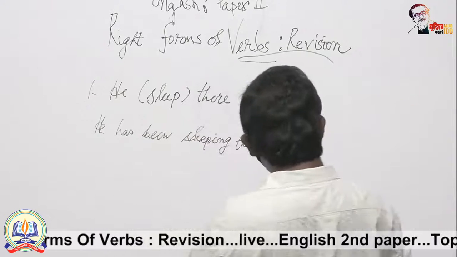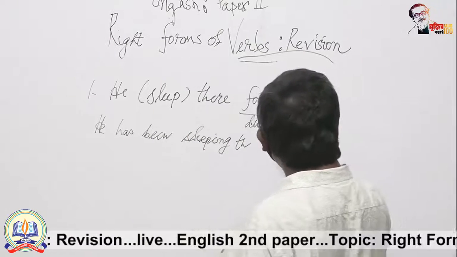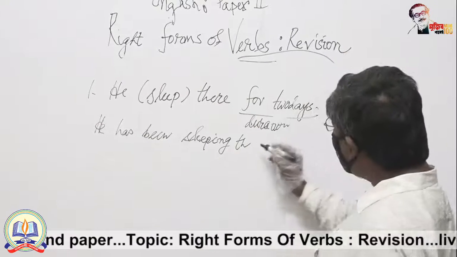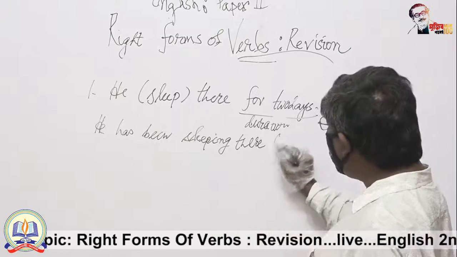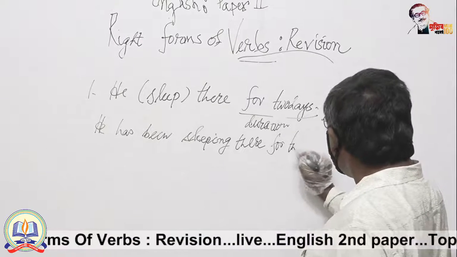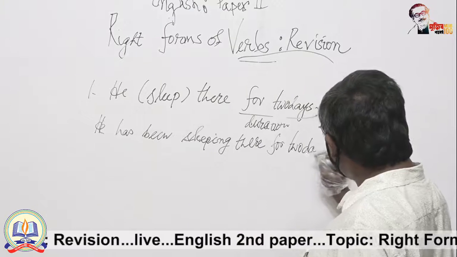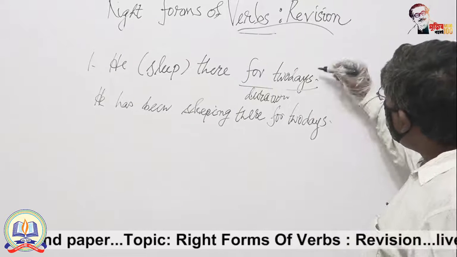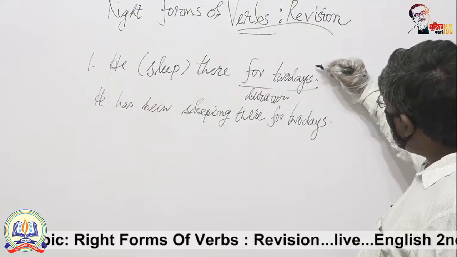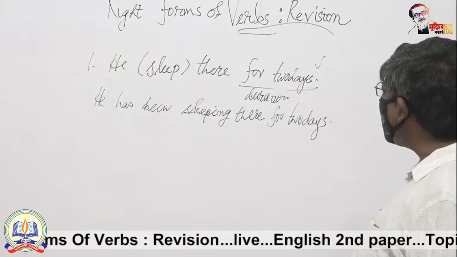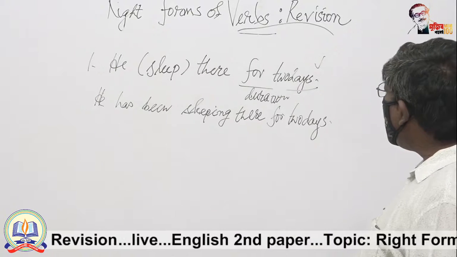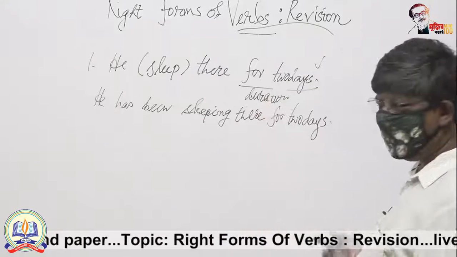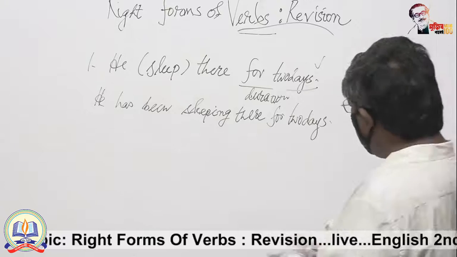there for 2 days. Because of the presence of a duration of time in the clause, like for 2 days, we have expressed the verb in the present perfect continuous.